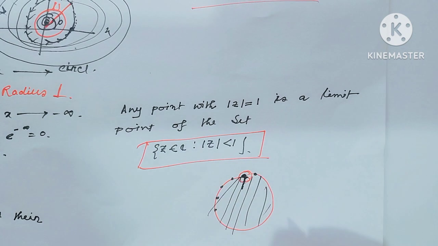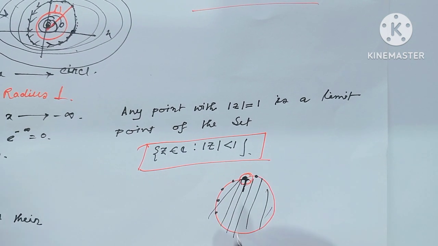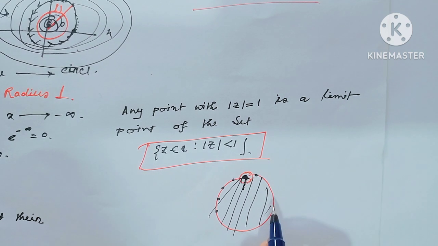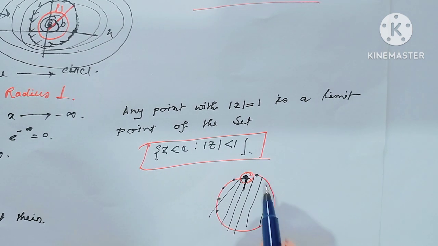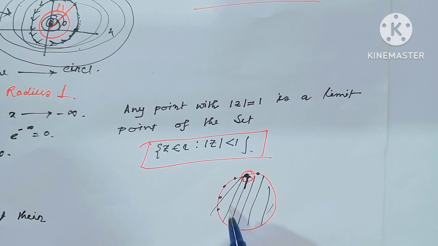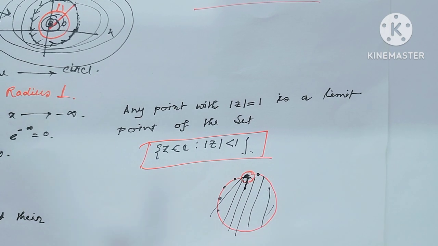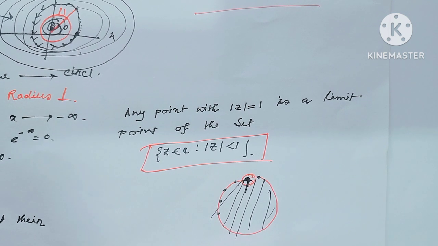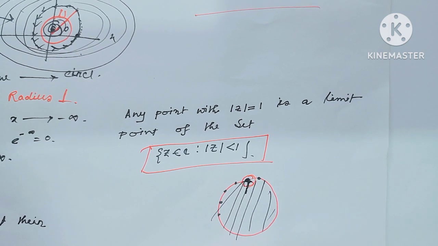So any point which lies on the boundary will always be a limit point of the set, as well as those points which lie in the interior of this circle. I hope all my viewers have understood.